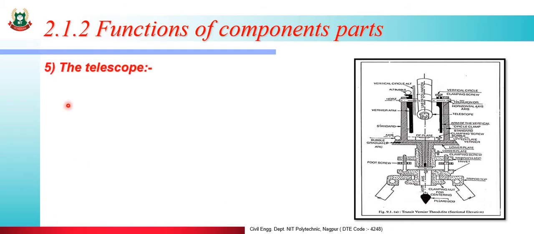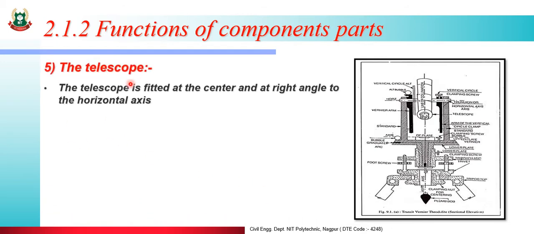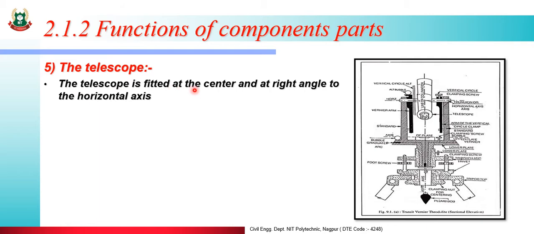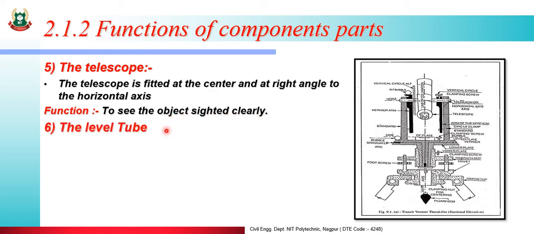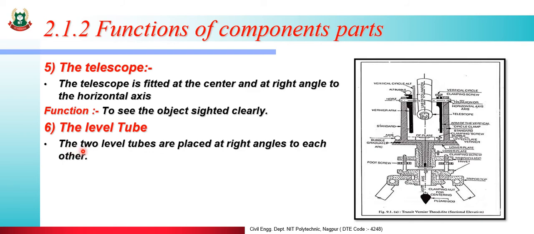Then the telescope. The telescope is fitted at the center and at right angle to the horizontal axis. Function of telescope: to see the object sighted clearly. Then the level tube. We all are aware about the level tube. The two level tubes are placed at right angles to each other.